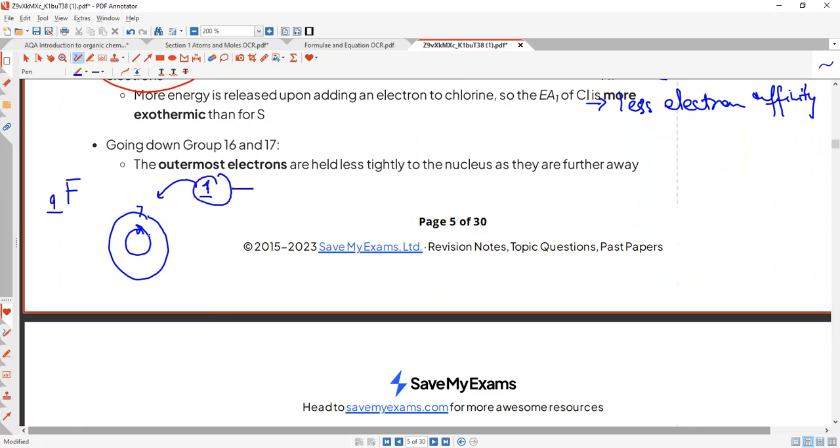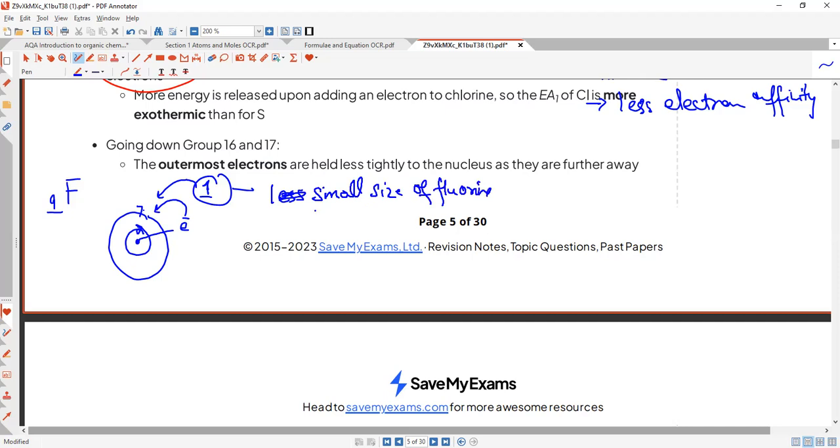And you can see its size is so small. It has 7 electrons already in the outermost shell, and its nucleus has a very strong power to attract electrons because of its small size. So you will write the answer: due to the small size of fluorine.